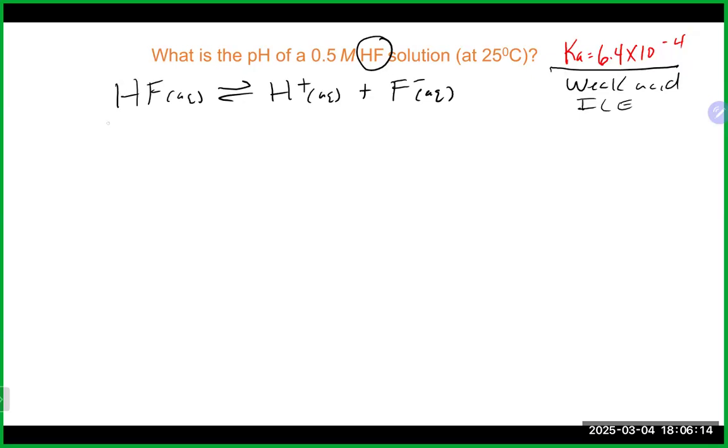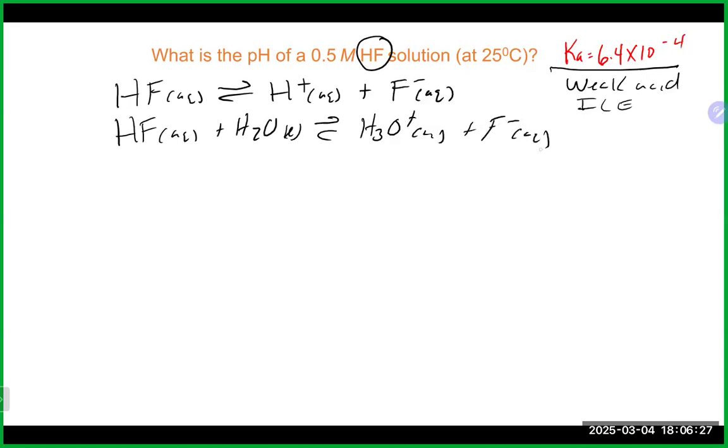So if you want to show it like I did there, or if you want to include the water, absolutely nothing wrong with it. You will just get H3O plus and F minus. And H plus and H3O plus are pretty much the same thing, and that's really what we're interested in in this case. So I'm going to go back to just the HF here.